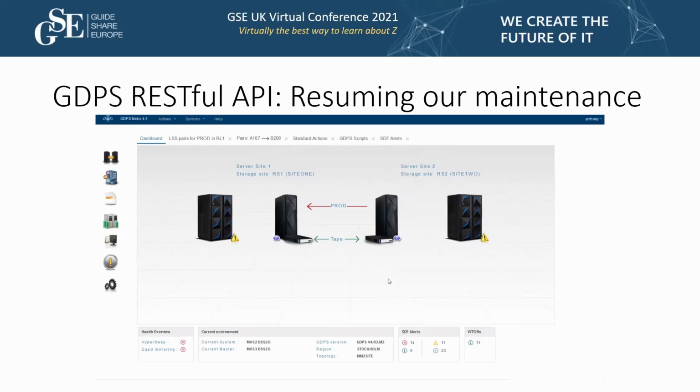We ran a HyperSwap suspend, and our systems are now running on site 2, and the disk replication is suspended. So let's just say we have finished our maintenance operation on our storage on site 1, and we are ready to resume the replication. So we are going to do this with the RESTful API.